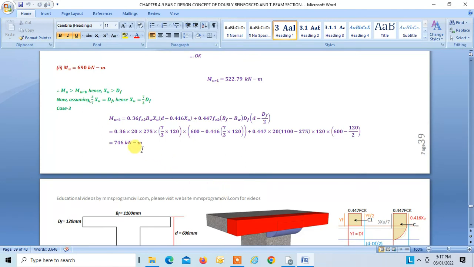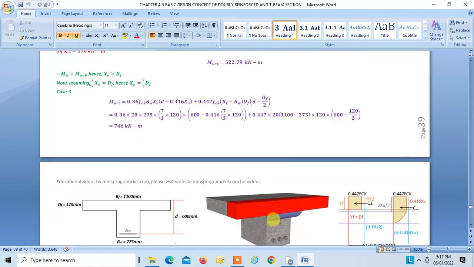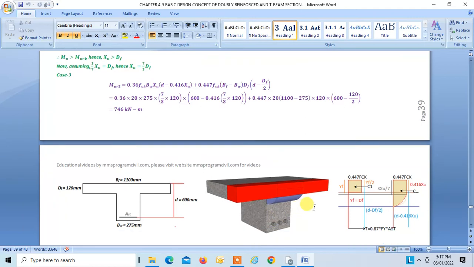The neutral axis is falling in the web, but the strain 0.002 is at the bottom of the flange, or you can say YF is equal to 3 by 7 XU, or DF is equal to 3 by 7 XU. That is why your stress diagram will be like this, right?